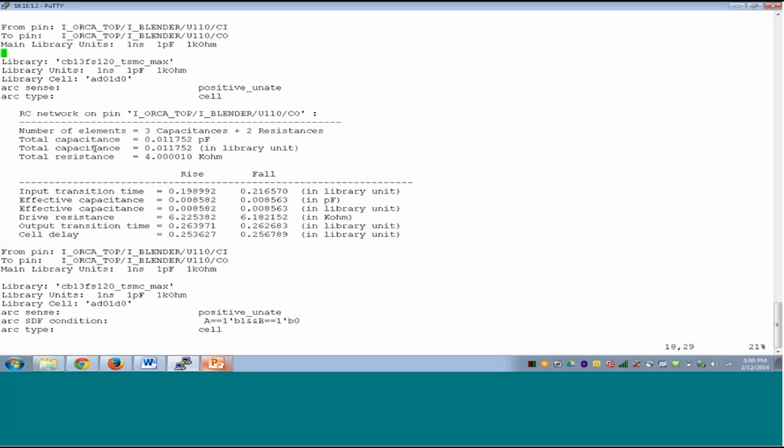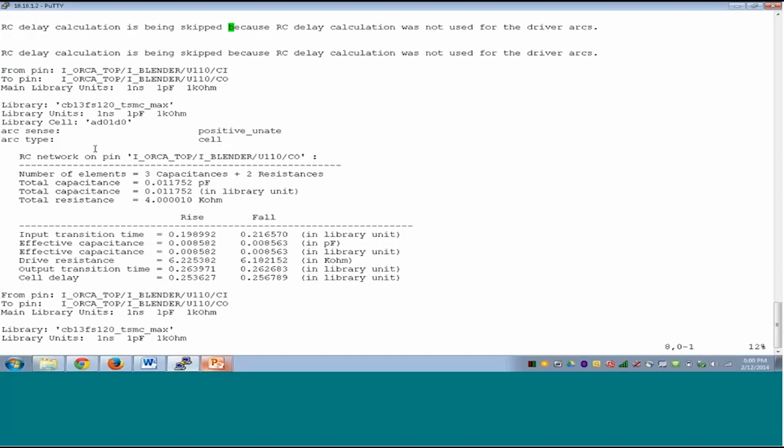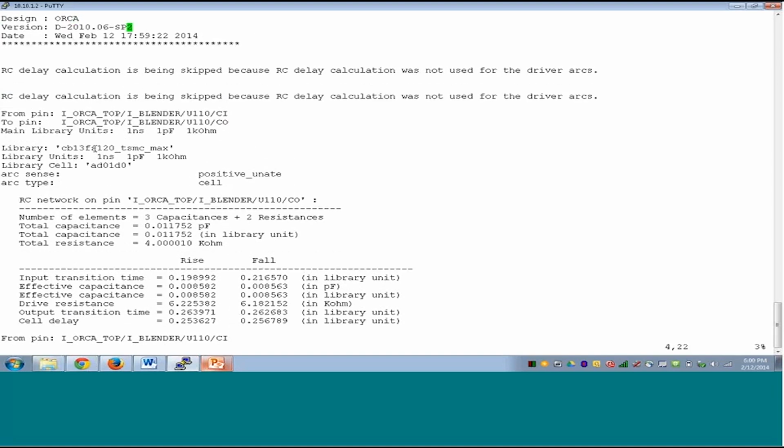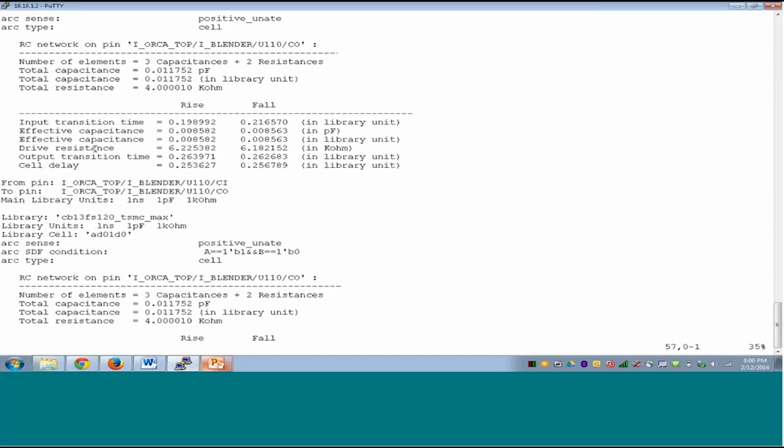So here, for example, the first part is telling that RC delay calculation is skipped because RC delay calculation was not used for the drive arc. Fine. We are more focused on the cell delay here. So the first one is from to this arc, strength is positive unit. Now it is telling us that there is a condition, positive unit, but the condition is A1 and B0.